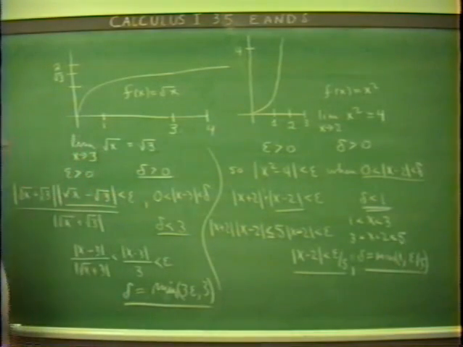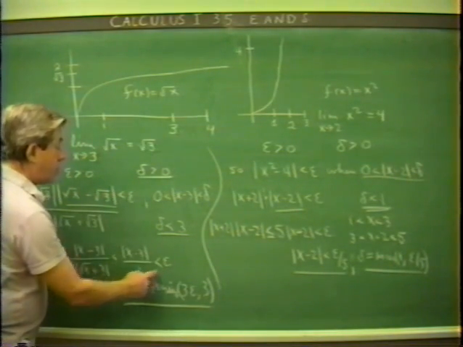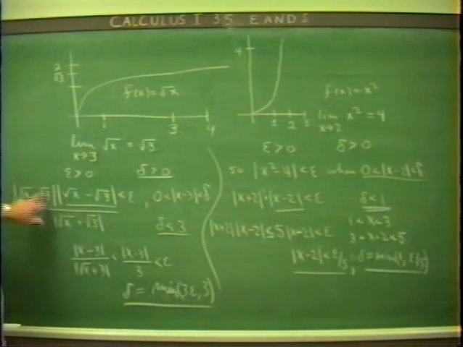Otherwise we would have this problem of two numbers with a denominator close to 0.